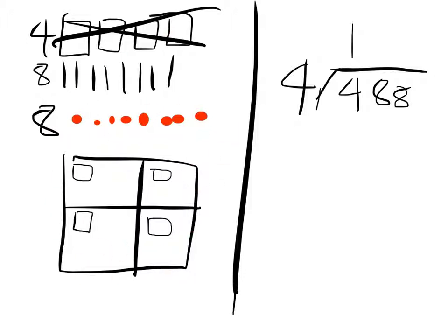But basically, since there's 1 in each group and there's 4 groups, it's 1 times 4, or 4 times 1. So that's 4, and that means you basically divided 4 by 4. So there's nothing left over. It's all crossed out, like I just did.